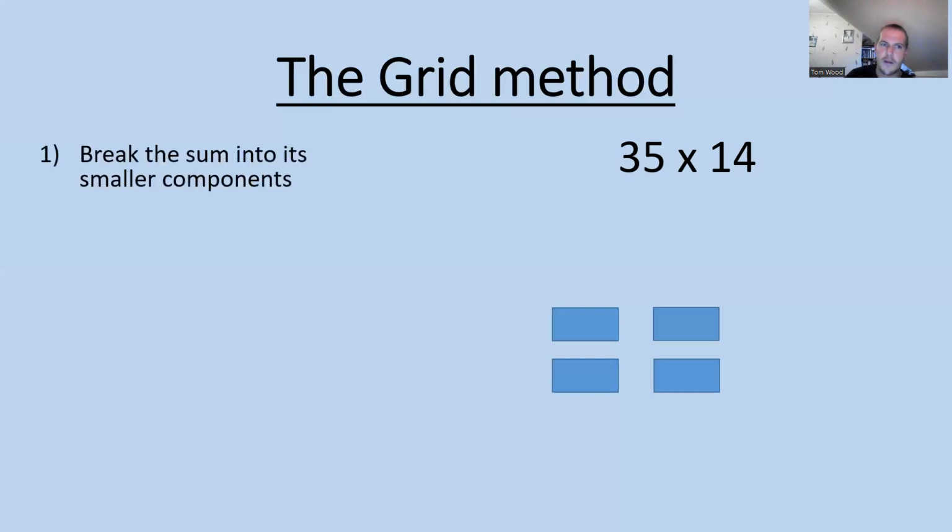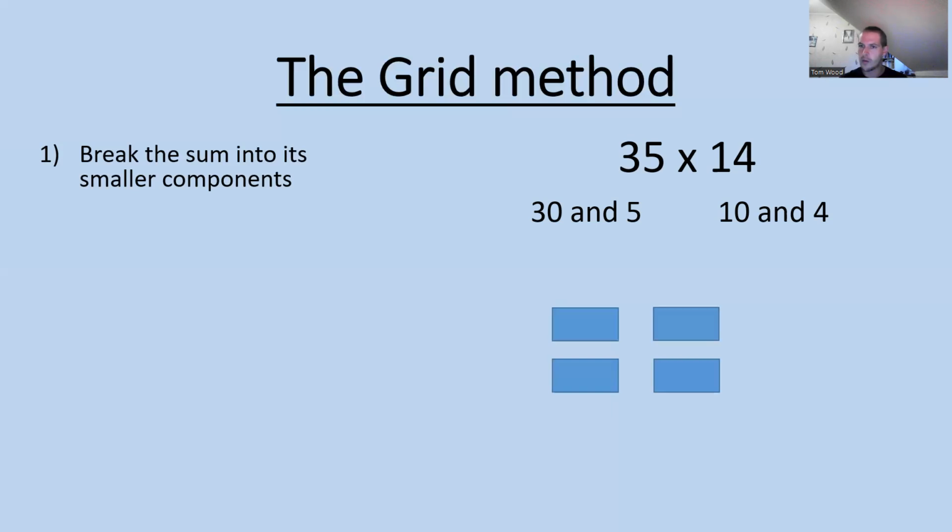So with the grid method, what we do is we break the sum apart. We're looking at this and saying, okay, I've got 35 lots of 14. I don't know my 35 times table, and I can't really be bothered to learn my 14 times table either. So I'm going to break that down into simpler things. 35 is 30 and 5. 14 is 10 and 4.